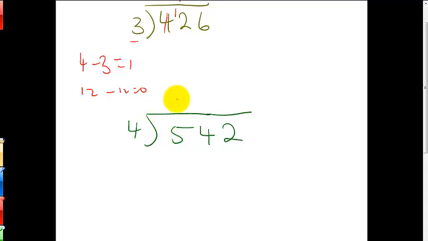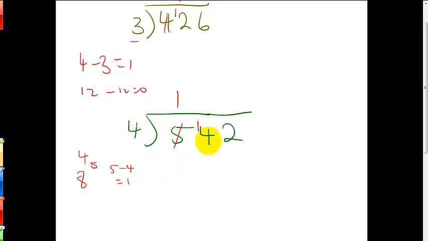Well, we know it goes into it 1 time, because 4 times 1 is 4, right? The only numbers in the 4 times table near 5 are 4 and 8, so it does not go into it twice, it goes into it 1 time, but there's going to be a bit remaining. There's going to be 5 take away 4 remaining, which is equal to 1. So you carry the 1 over.